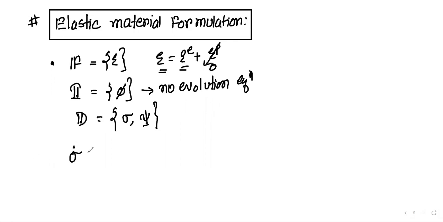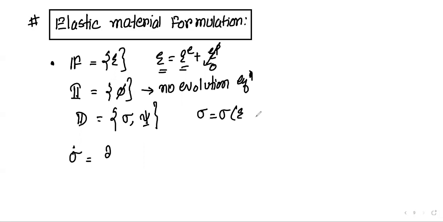Now, sigma dot, that is the rate of this dependent variable, would be a function of the free variable and the hidden variable. As the internal variable of the hidden variable is an empty set, we don't have any hidden variable.